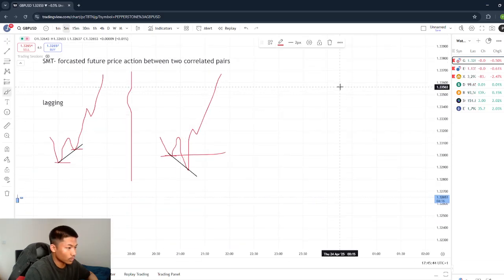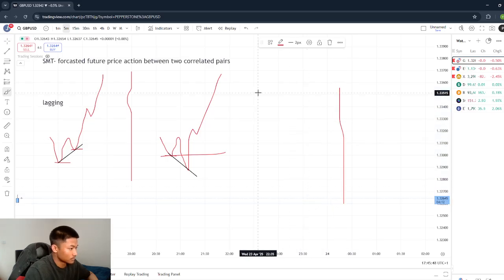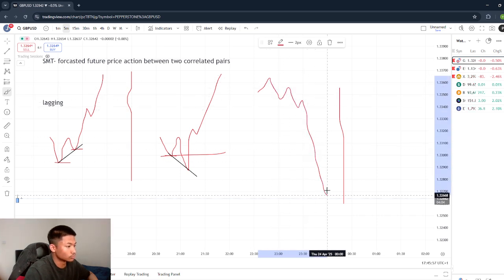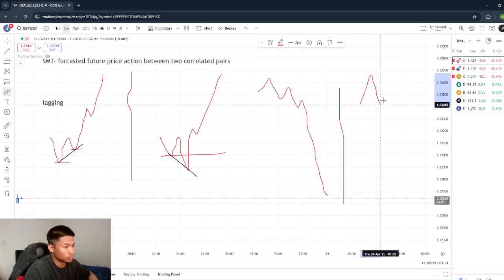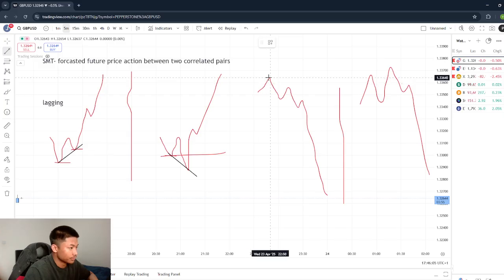Let me just draw a quick bearish example of this. So we have, boom, boom, boom. Okay. What does this do?